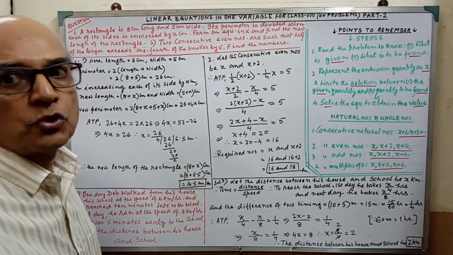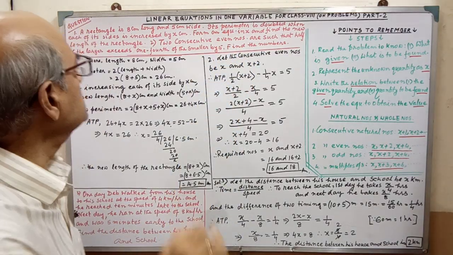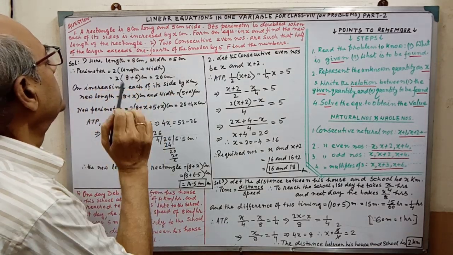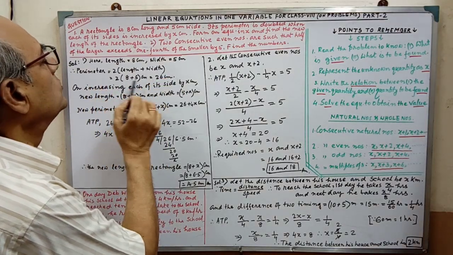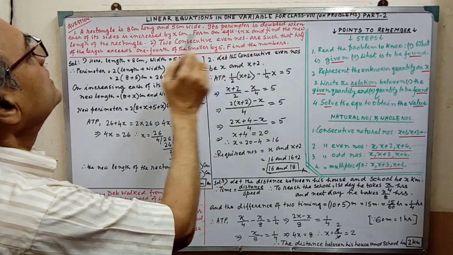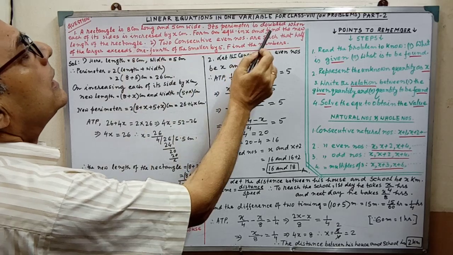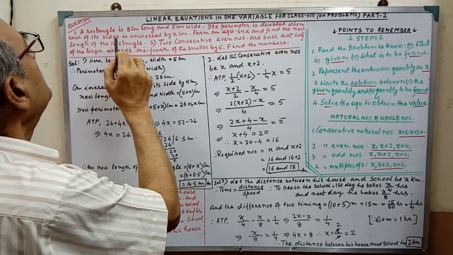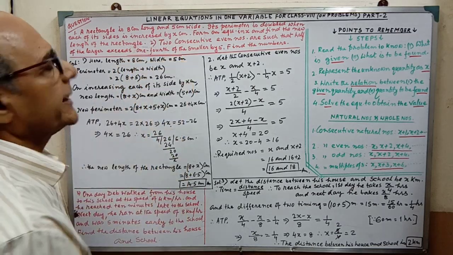Its perimeter, so we have to find out the perimeter. The perimeter equals 2 into length plus width. By putting this value, we are getting 26 cm. Next, the perimeter is doubled when each of its sides is increased by x.